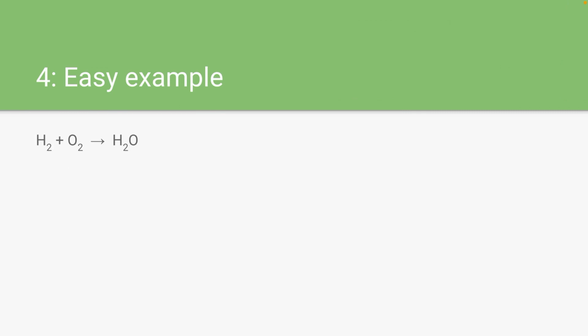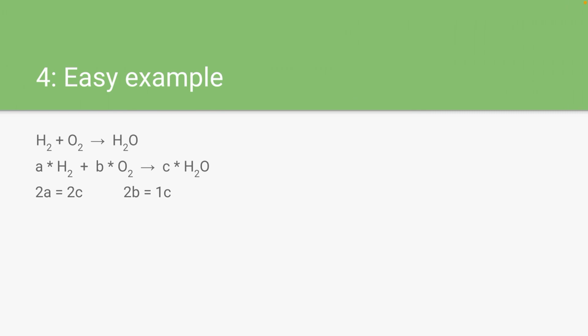So here is an easy example. H2 plus O2 creates H2O, but that's the first little thing. You've lost an oxygen. So you add coefficients: A times H2 plus B times O2 creates C times H2O. From that, you can figure out that 2A equals 2C because there are 2 hydrogens on the left side and 2 hydrogens on the right side, so they have to be the same amount of hydrogens.